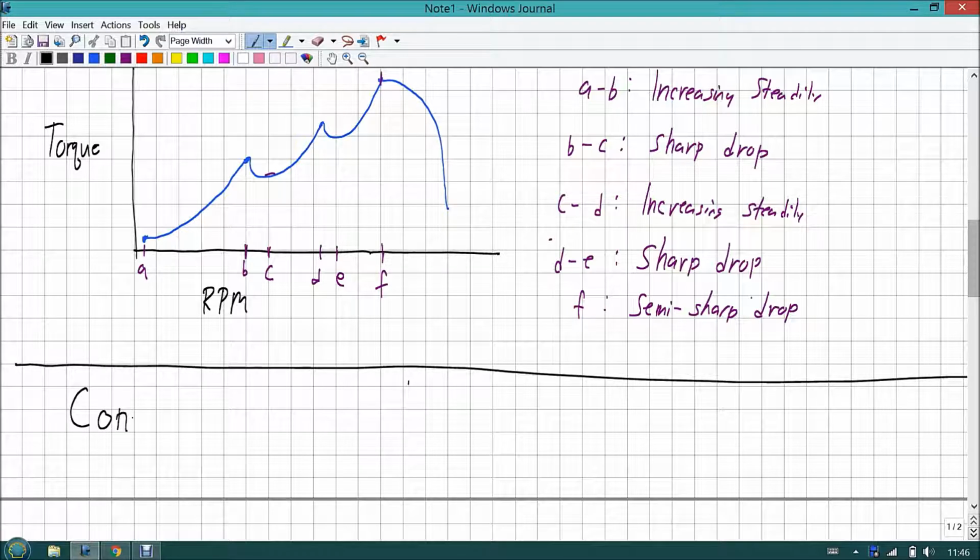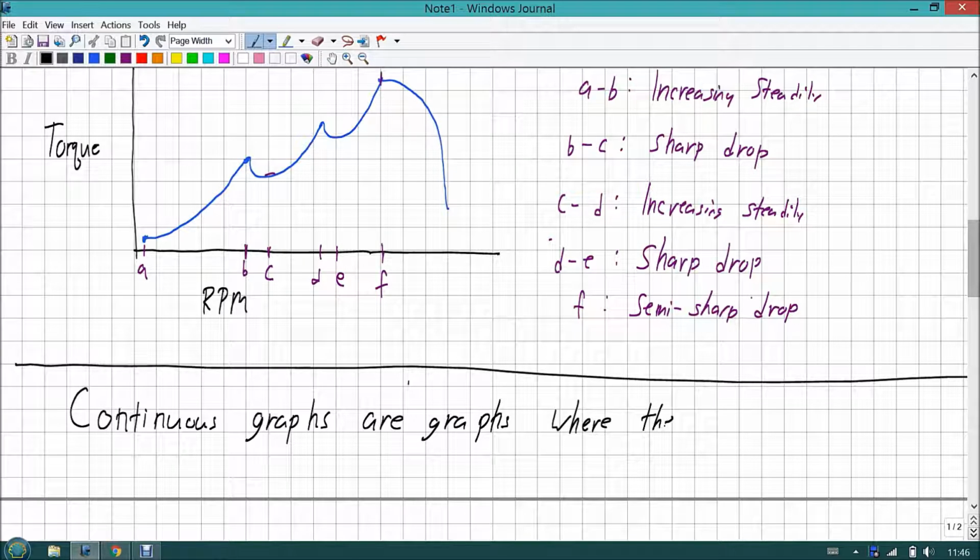Continuous graphs are graphs where there are no breaks in the line. A good way to think of this is continuous means that you don't lift your pencil up. If you can draw the whole graph without ever lifting your pencil, then it would be a continuous graph.